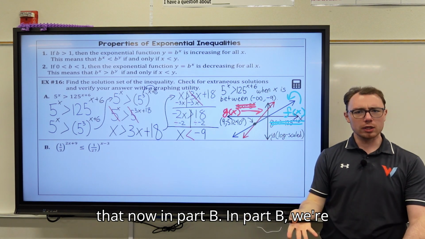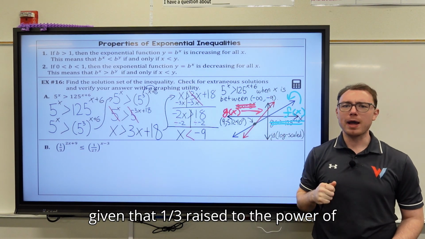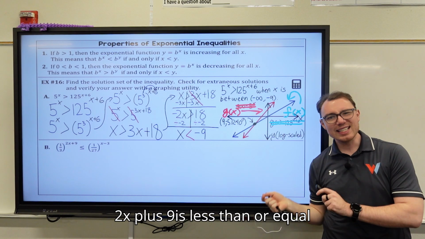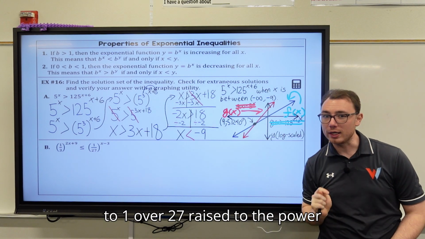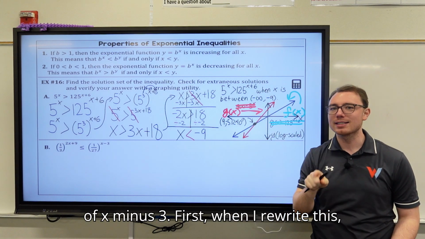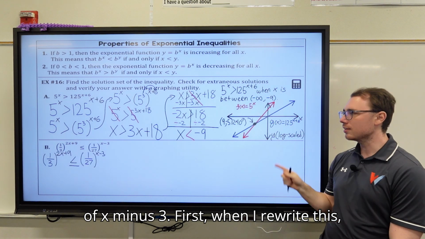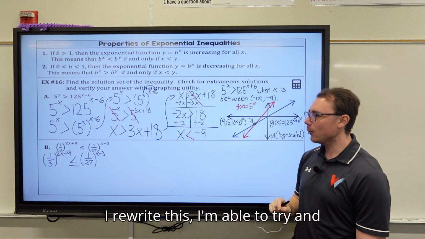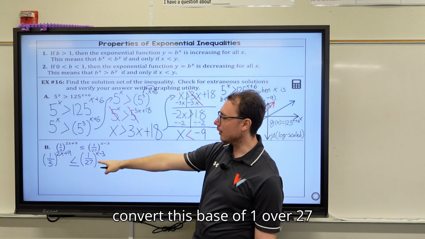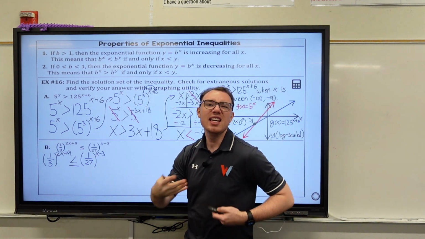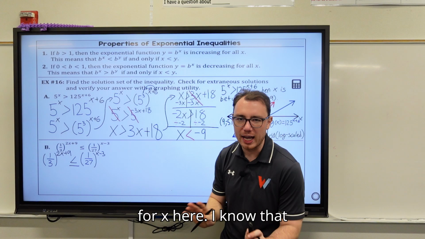In part b, we're given that 1/3 raised to the power of 2x plus 9 is less than or equal to 1/27 raised to the power of x minus 3. First, when I rewrite this, I'm able to try and convert this base of 1/27 into 1/3. I want to try and solve for x here.